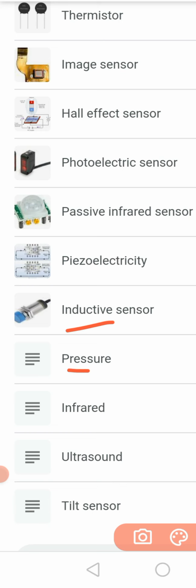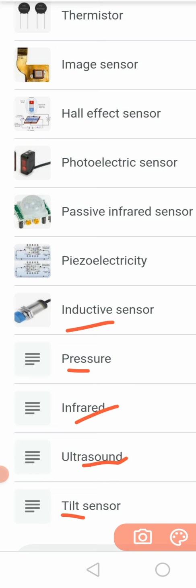Next is the infrared and ultrasound sensor. I explained that in the previous video. It transmits and receives ultrasound waves and measures accordingly the distance or presence of an object in its surroundings. Then there is the tilt sensor, just like a gyroscope.